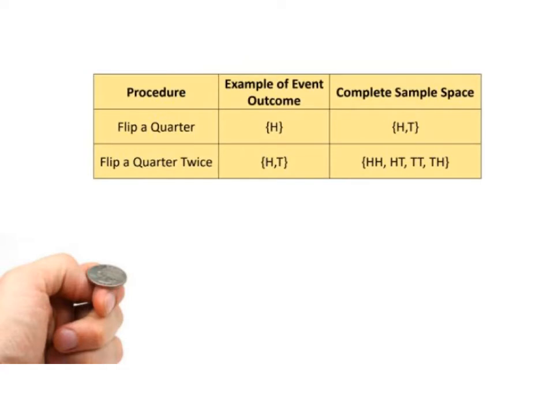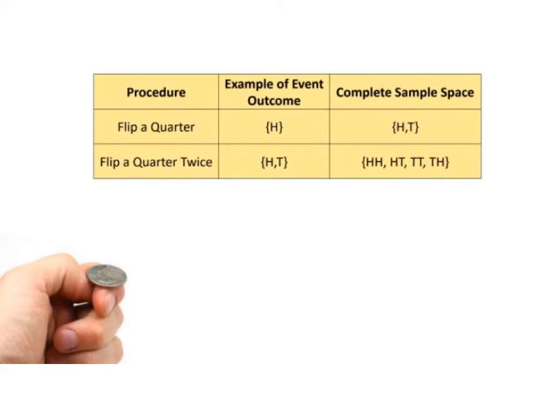Okay, so here's just those vocabulary words being used. If we want to find the probability of flipping a heads when we flip a quarter, the procedure is flipping the quarter. Or like drawing a marble out of the bag or drawing a card out of the deck. That's the procedure. The event or outcome, what we want to happen, is we want to get a heads.